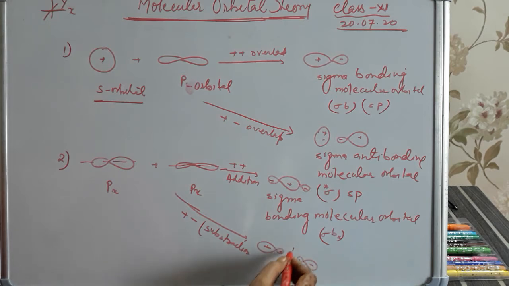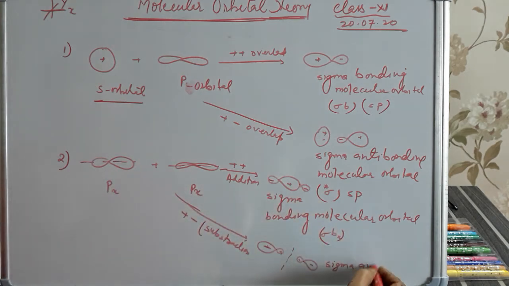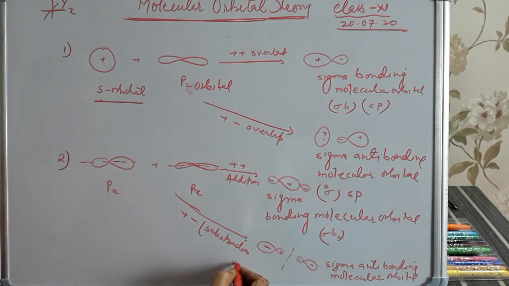Students, this is the place where no electron is present, and it is called the sigma anti-bonding molecular orbital. Why is it called sigma? Because the overlapping takes place along the internuclear axis. We represent it by sigma with a star, and this is the x.